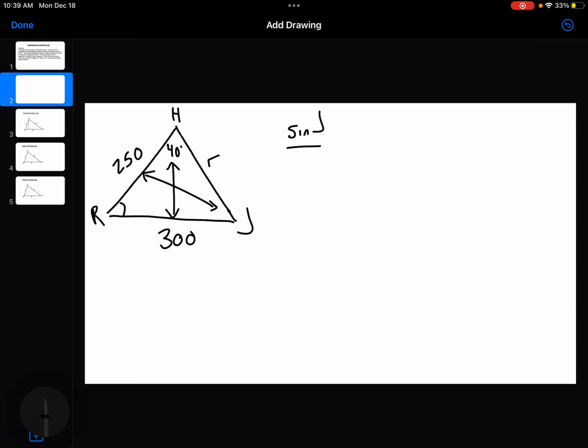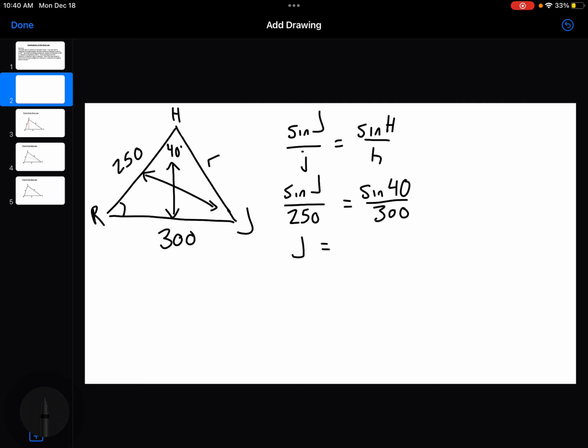I'm going to do sine J over J equals sine H over H, because that's what I'm given. So then we get sine J over 250 equals sine 40 over 300. We're going to rearrange.